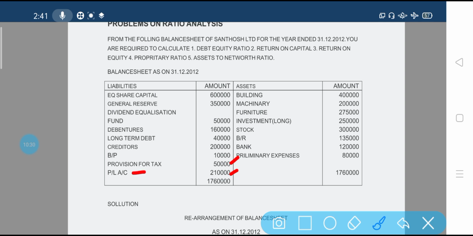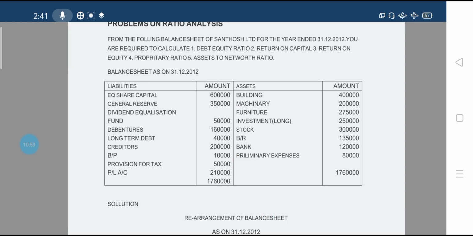It is assumed that 50,000 is paid, but to calculate the return on capital we take EBIT, earnings before interest and tax, that is the profit before deducting the tax.